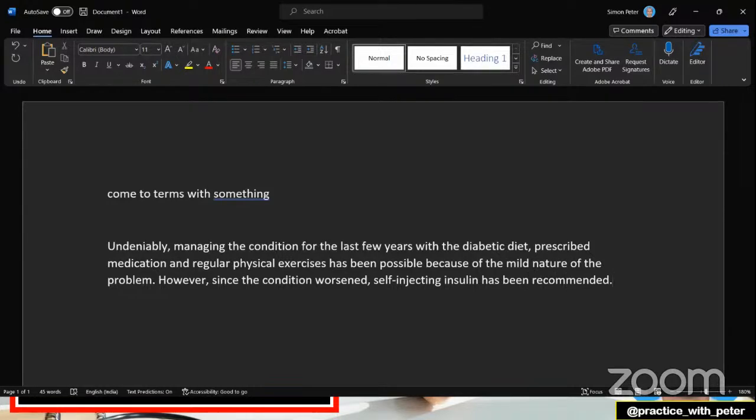Undeniably, managing the condition for the last few years with the diabetic diet, prescribed medication, and regular physical exercises has been possible because of the mild nature of the problem. However, since the condition worsened, self-injecting insulin has been recommended. So this is how you can use it.